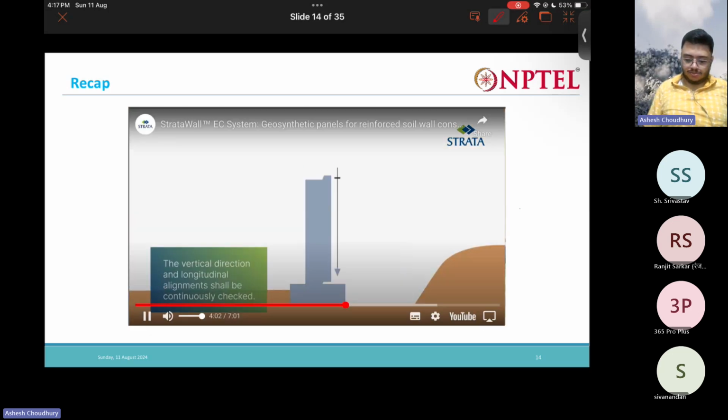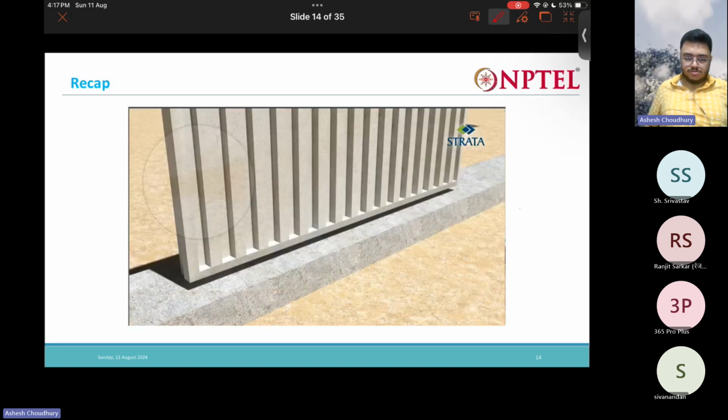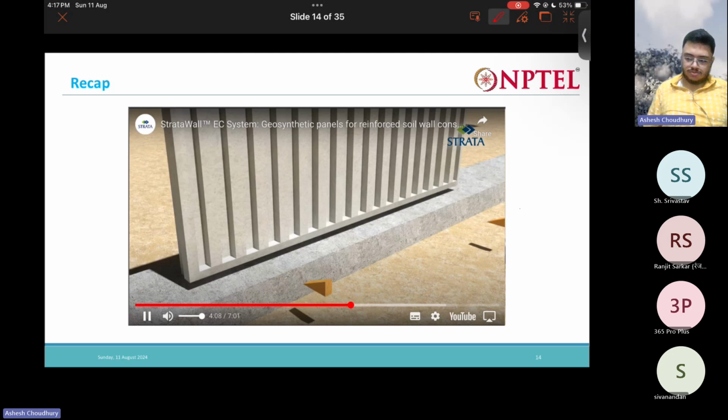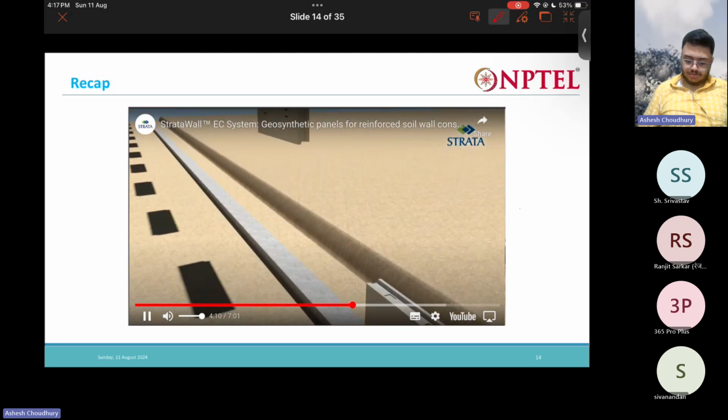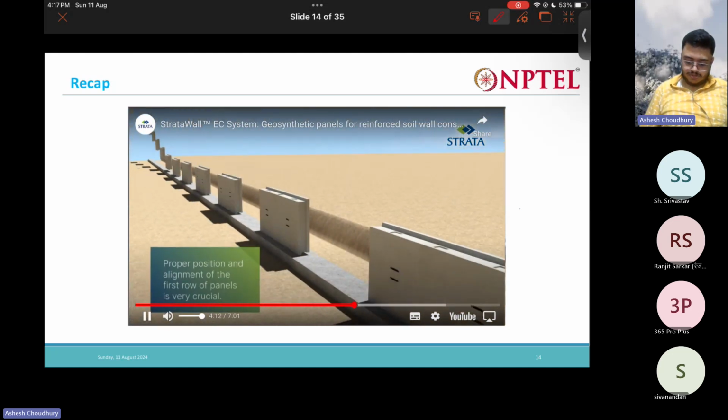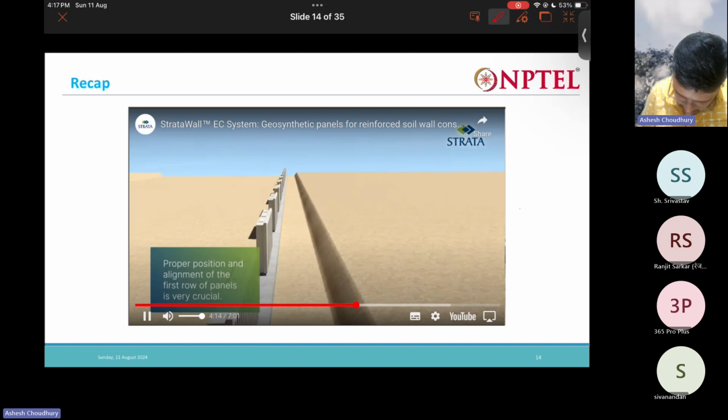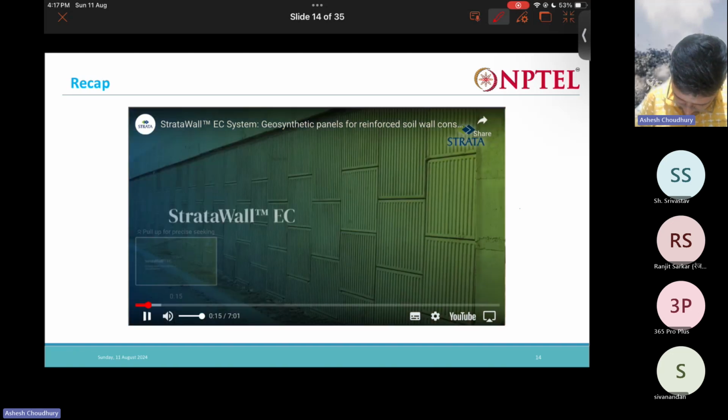The vertical direction and longitudinal alignments shall be continuously checked.